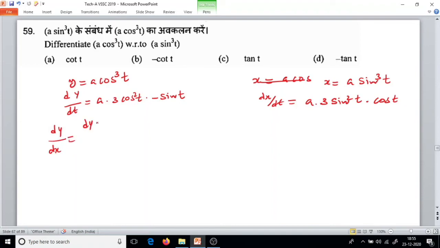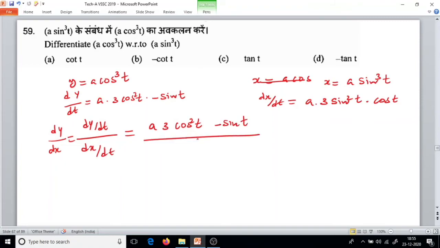So dy by dt upon dx by dt will give the answer. That is A 3 cos square t minus sin t divided by A 3 sine square t cos t.